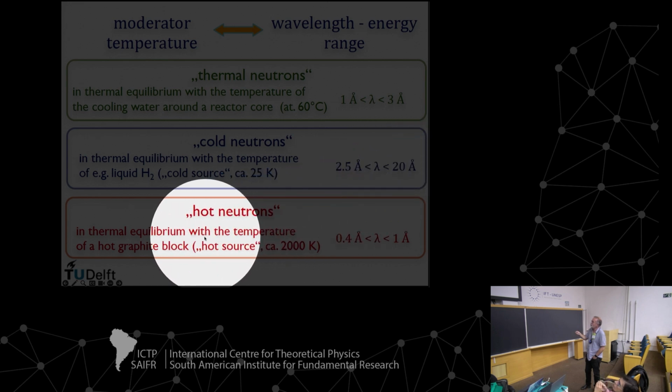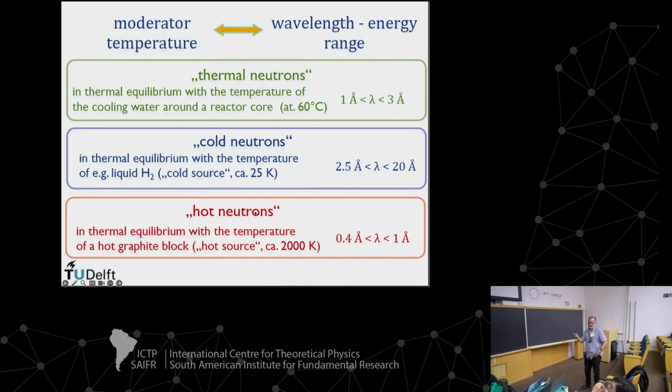And hot neutrons, this is practically intranuclear structure. It's below 1 angstrom. So we don't use hot neutrons for any study concerning the structure of matter, because we are interested in interatomic distances. So thermal or cold.